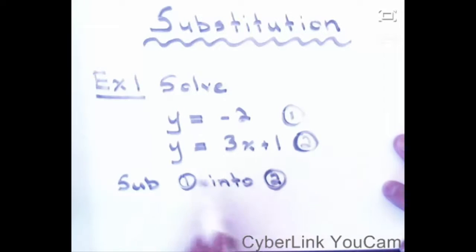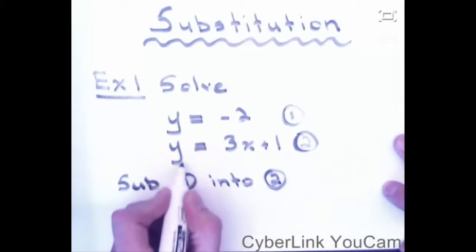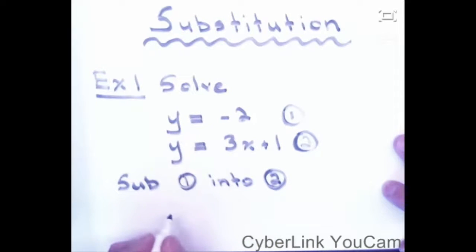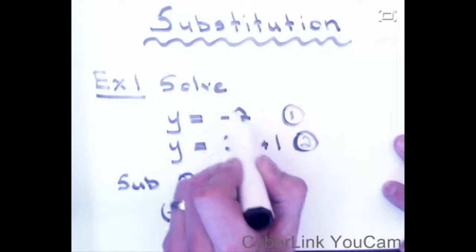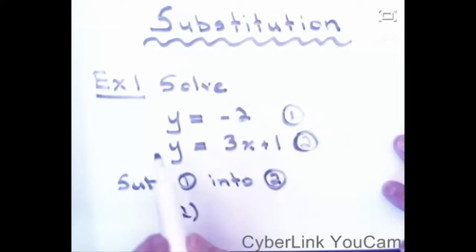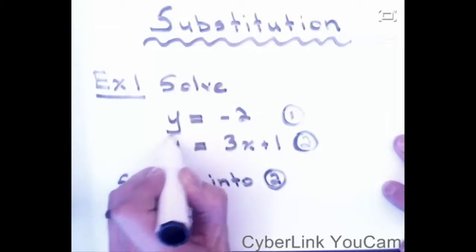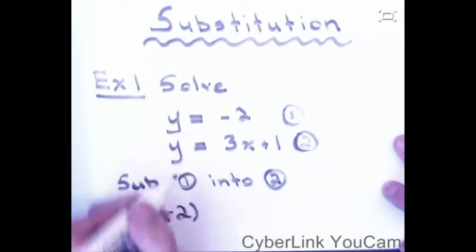So watch this. I'm going to write equation 2 down, but instead of writing the y, I'm going to use insertion brackets to show that I'm substituting a minus 2 in instead. Because we learned from equation 1, y equals minus 2. We're going to take this minus 2 and substitute it in, right here.